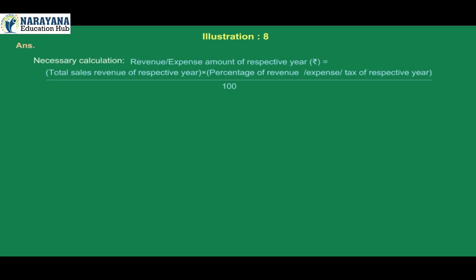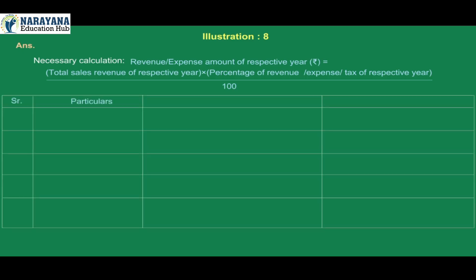Revenue or expense amount of respective year is equal to total sales revenue of respective year into percentage of revenue or expense or tax of respective year divided by 100. Serial number, particulars, date 31st March 2017, date 31st March 2016.